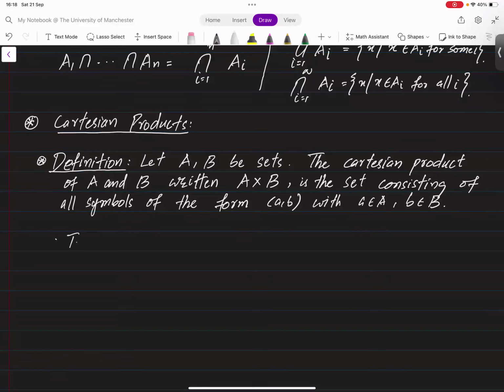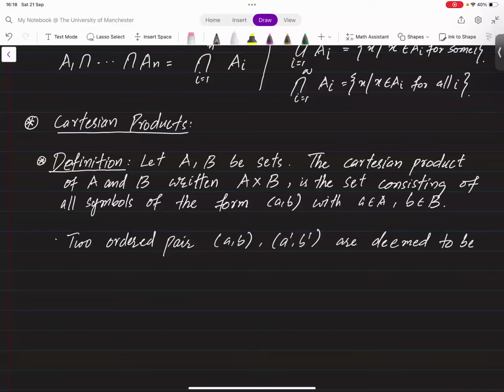And you can say two ordered pairs (a, b) and (a', b') are deemed to be equal if and only if, we call that iff, both a is a' and b is b'.